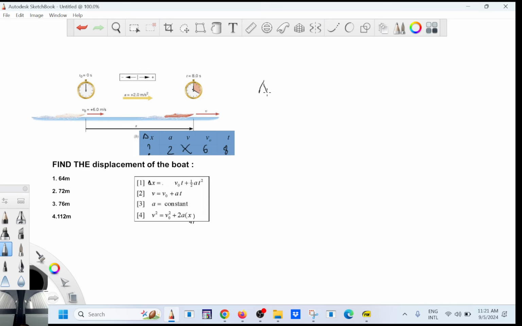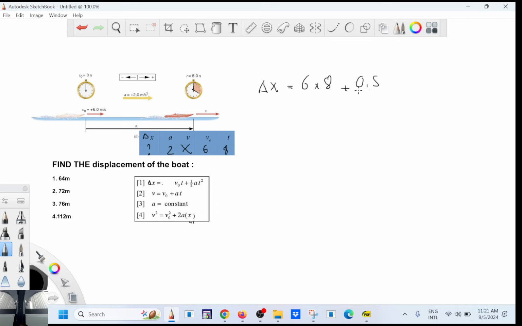So delta x, you see, you connect initial to final. It's going to be initial velocity 6 times 8, so 48, plus 1/2.